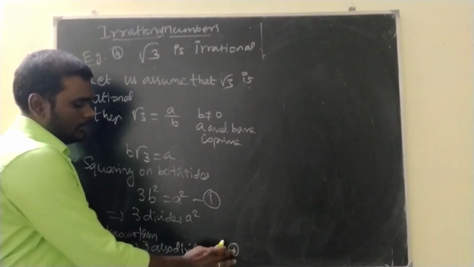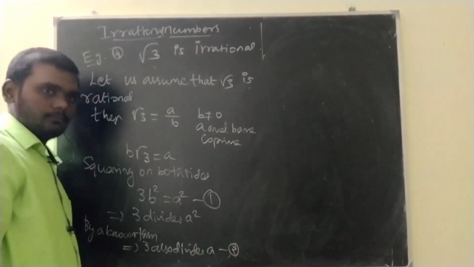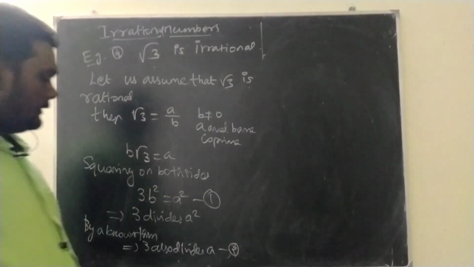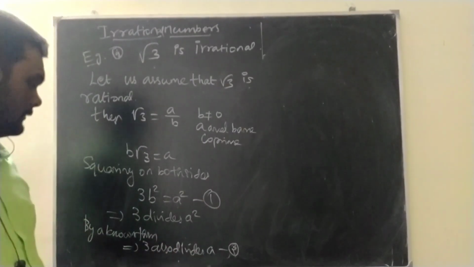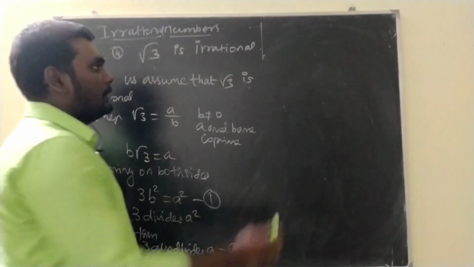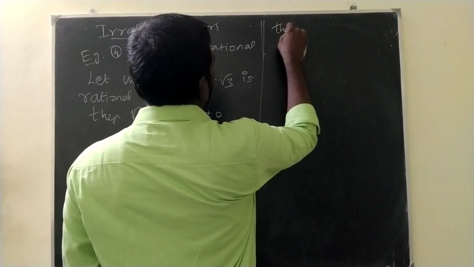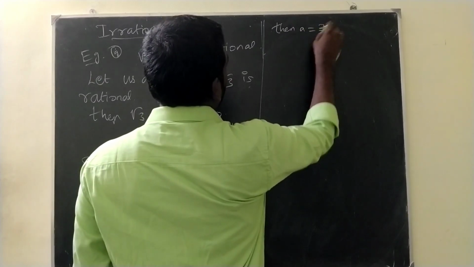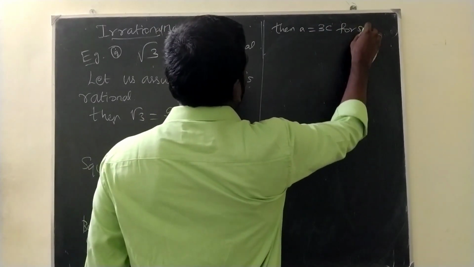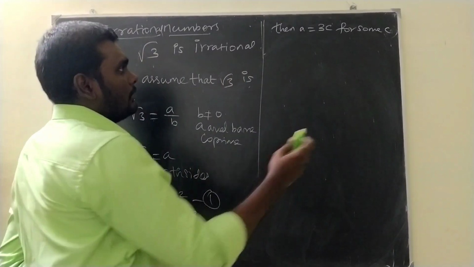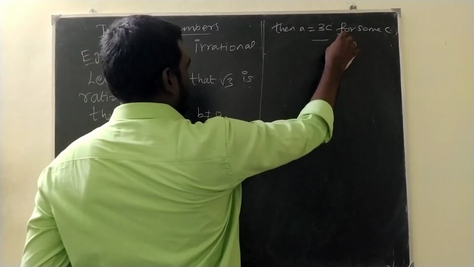Sorry, this is 1. This we can mark as 2. And then we should write the other one. When 3 divides a, it means a is a multiple of 3, right? Then a is equal to 3c for some c. We have to substitute this.